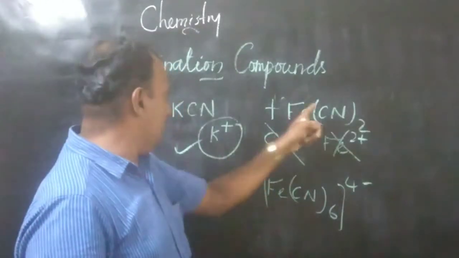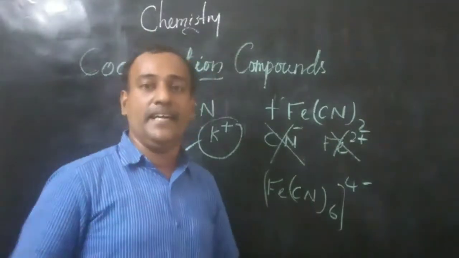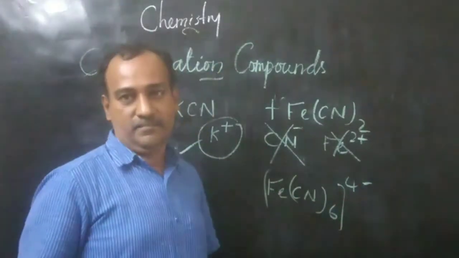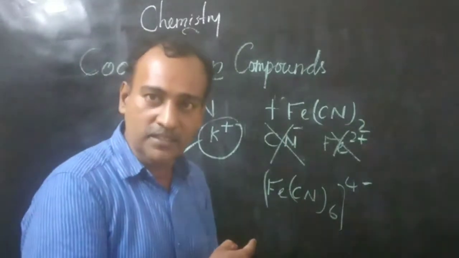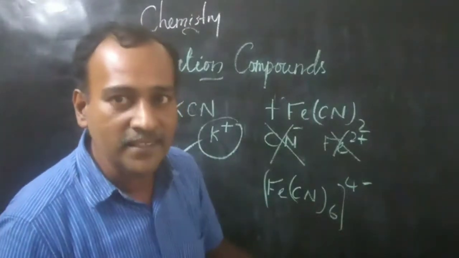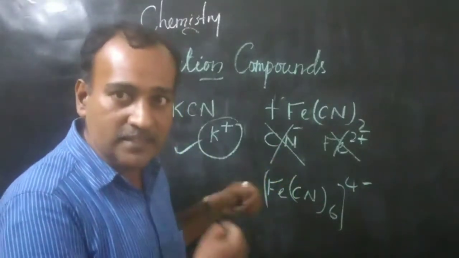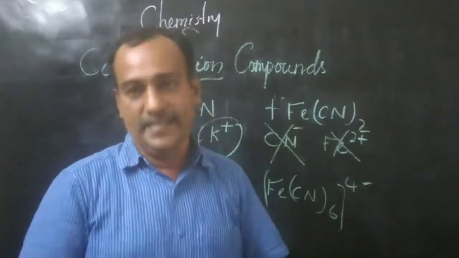This ion is not present in the original salts. This ion is called ferrocyanide ion. It is a new ion. Now can you call it a salt? Can you call it a double salt? No. Why? Because it is not giving the results of all the constituent ions.